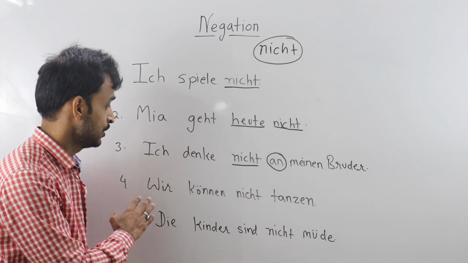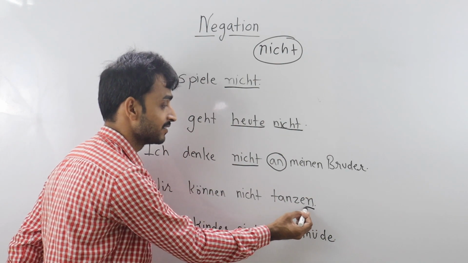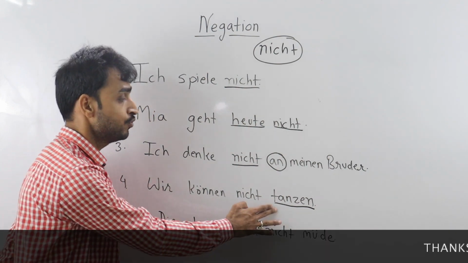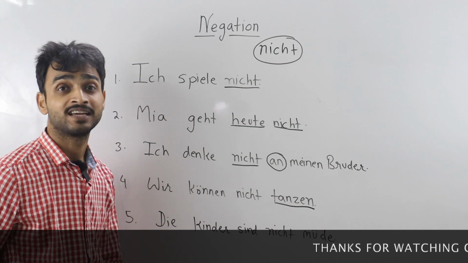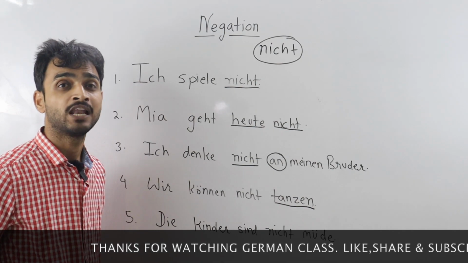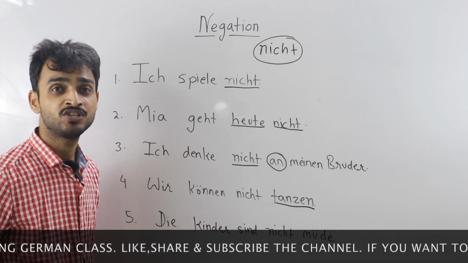Next sentence. Wir können nicht tanzen. We cannot dance. If we are using modal verb, then nicht is written before the second verb, which is infinitive. You know, with modal verb we use another verb in infinitive form at the last position.